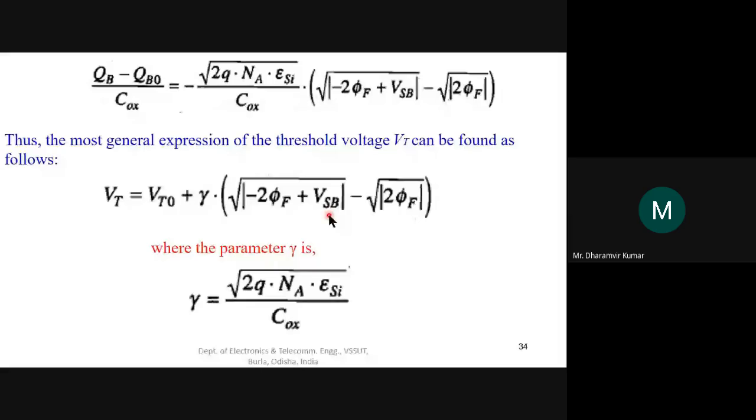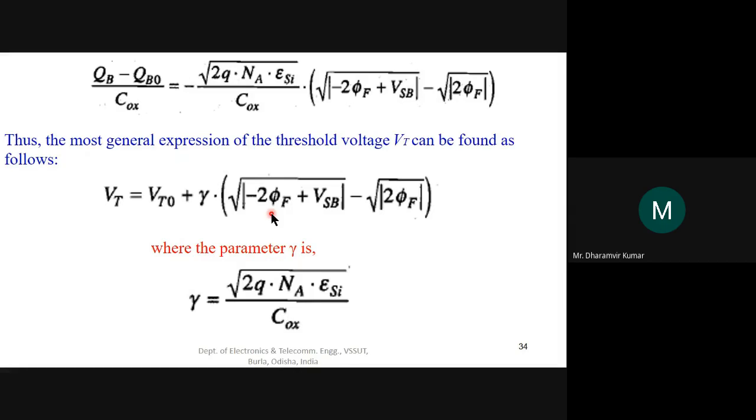If VSB is more, the threshold voltage of the device will be more. If VSB is simply zero, then it will become less. Q is constant, epsilon Si, the permittivity of silicon, is constant, C oxide is the oxide capacitance per unit area, and phi f we have seen earlier also.